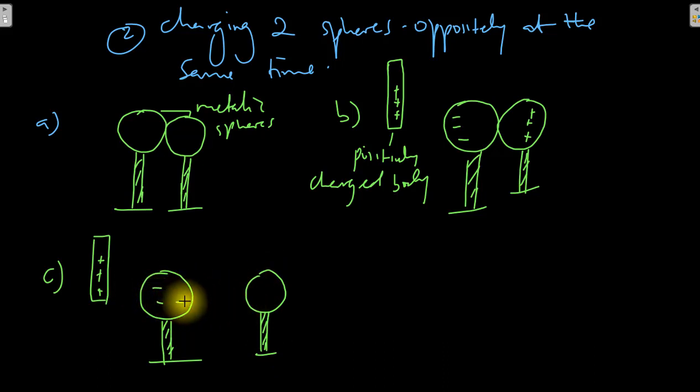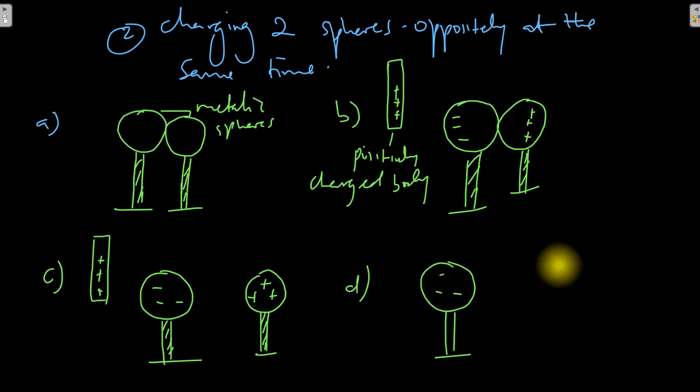This one remains with a negative charge, this one remains with a positive charge, and lastly we take away the charged body, and our spheres will not lose their charge in this case, because they were separated while the inducing charge was still in place.